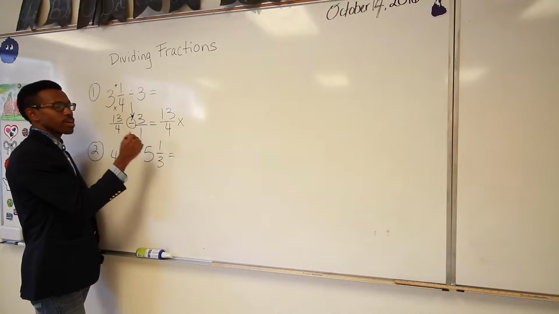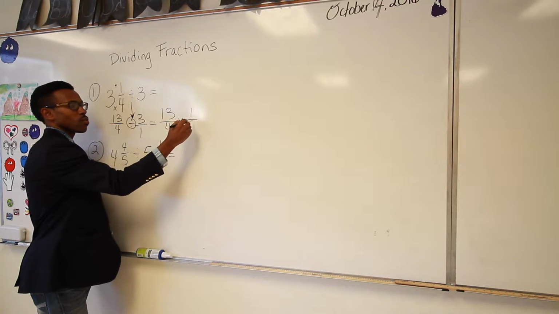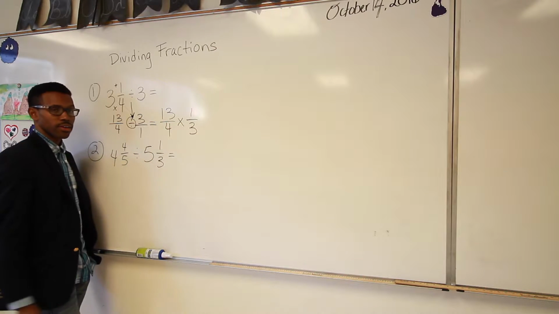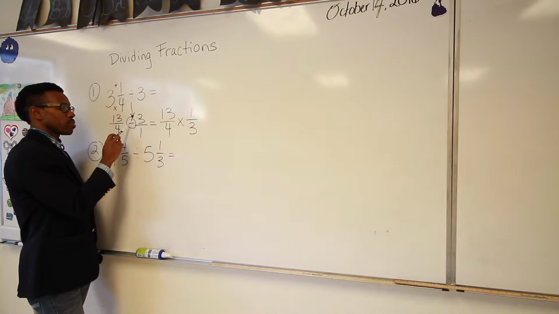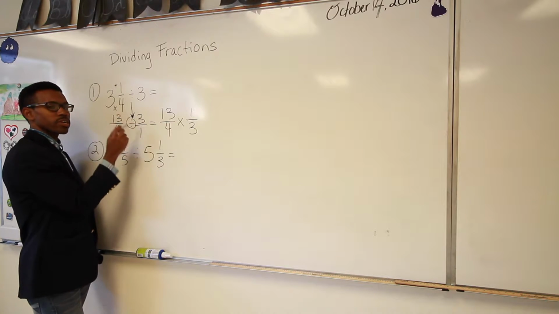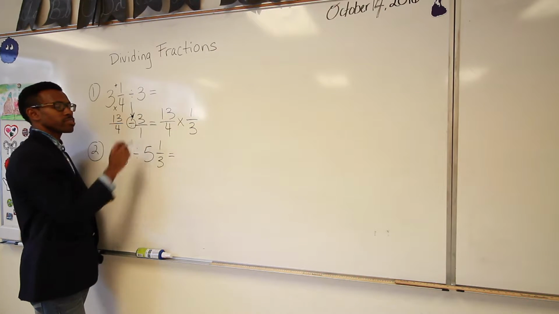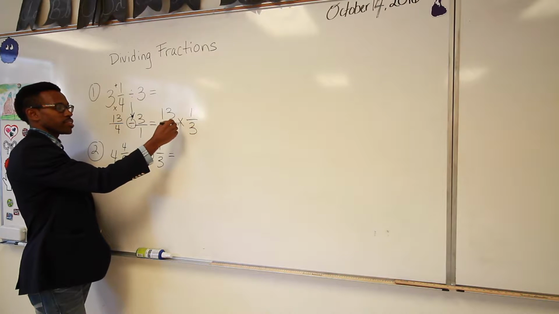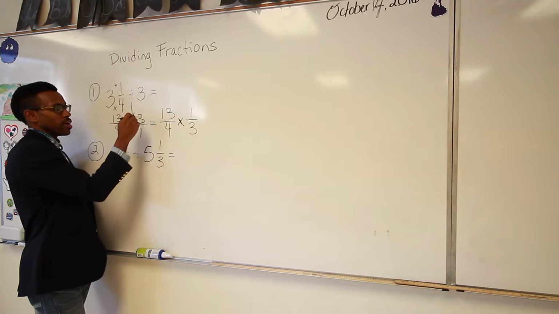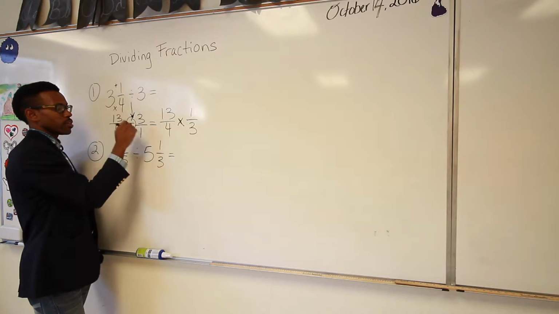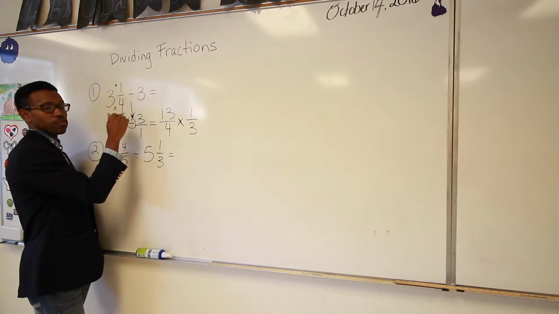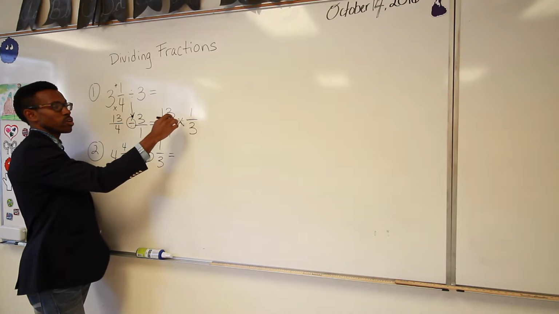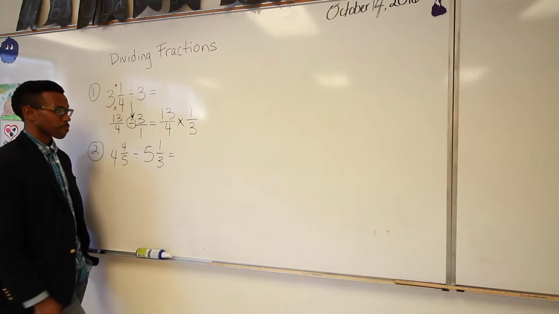So 3 over 1 now becomes 1 over 3. Again, when I change this operation from division to multiplication, I make the change here, and then I invert these two numbers. So I just flip it upside down. So it's 1 over 3.